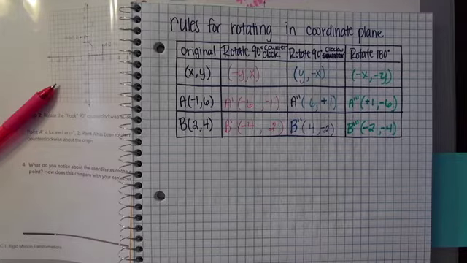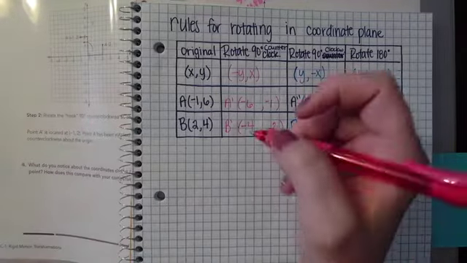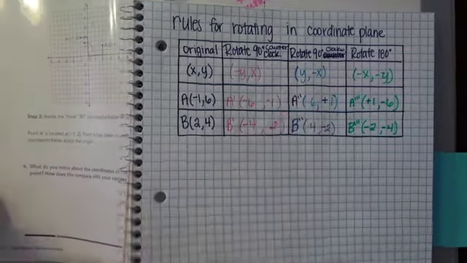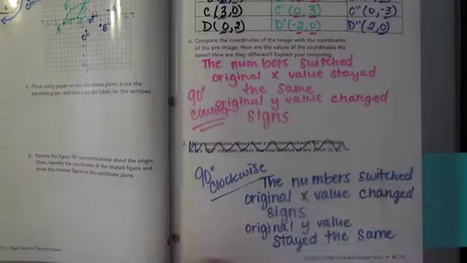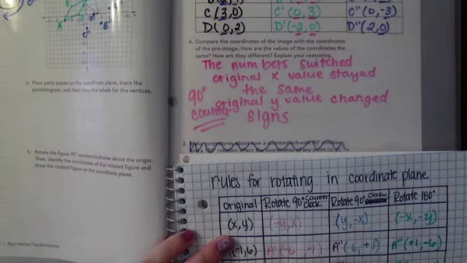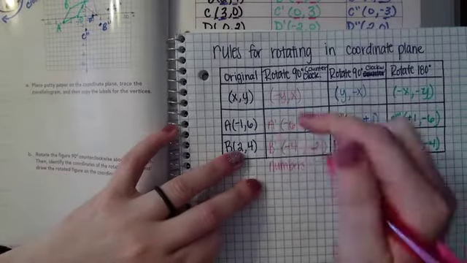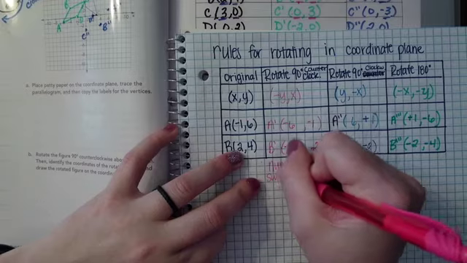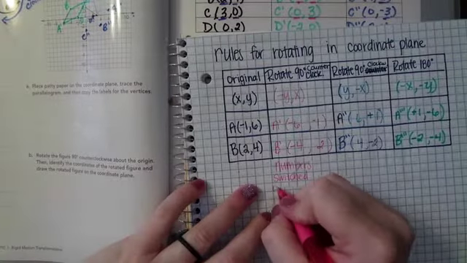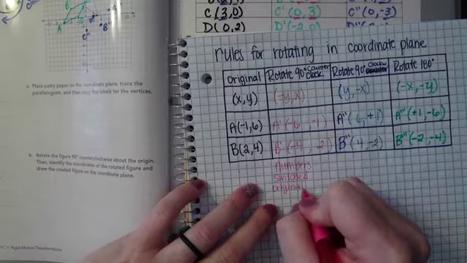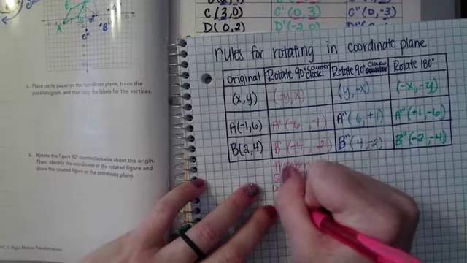So hopefully that makes sense. So let's write a little note under this. And we're going to just write this same note that we wrote over here. So 90 degrees counterclockwise, numbers switched, and the original y changes signs.